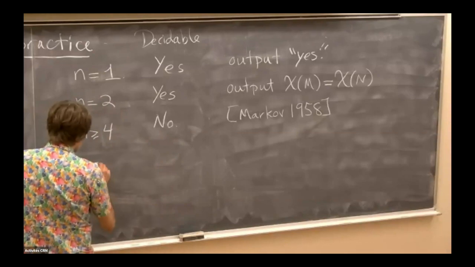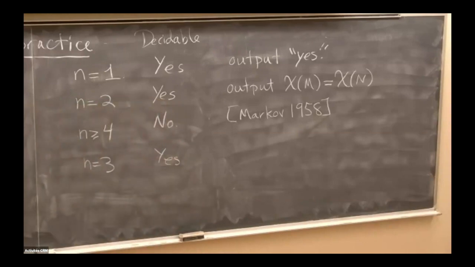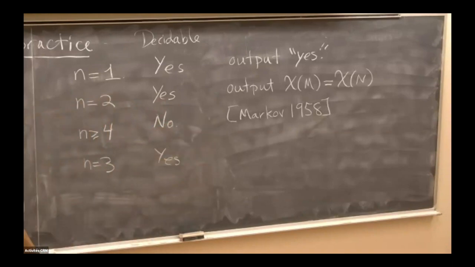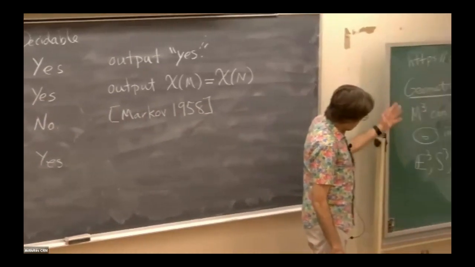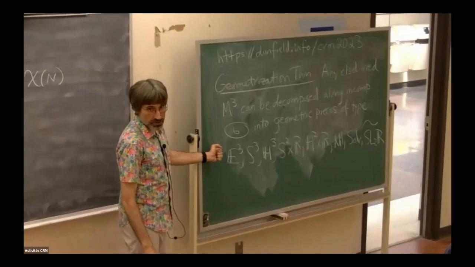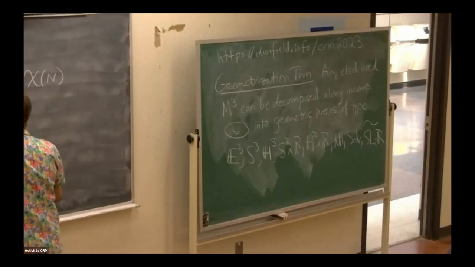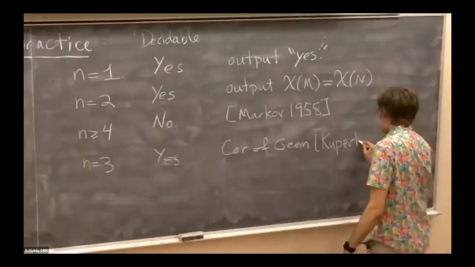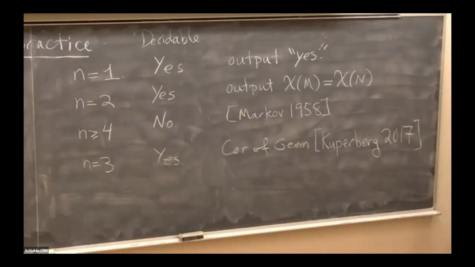For n equals 3, the answer is again yes. But in this case, I won't be able to write out the whole program. And like so much of three-dimensional topology, it's a consequence of the geometrization theorem. So this is a corollary of geometrization. It was widely believed that it followed from geometrization, but no one actually proved it until Kuperberg wrote out a proof.